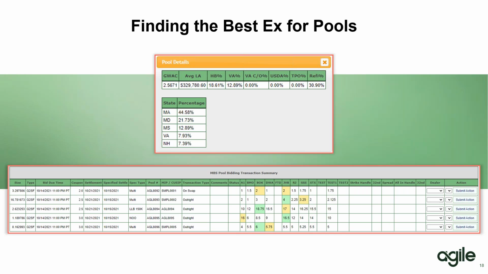So there's a lot of different functionality in terms of trying to make it as flexible as possible so we can help facilitate a better MBS market. I think that's the aim of it. So that's what we're trying to go for.